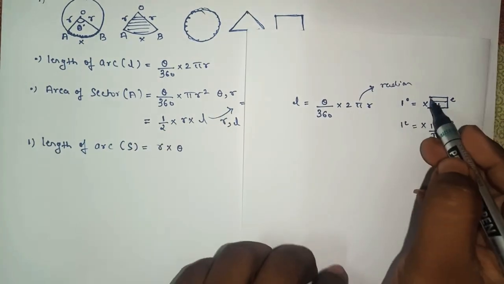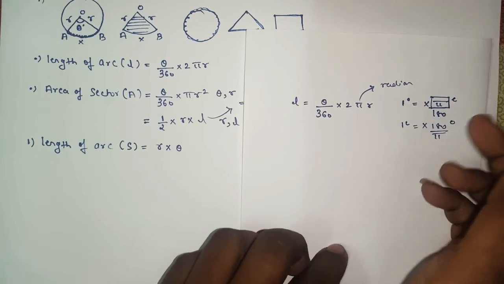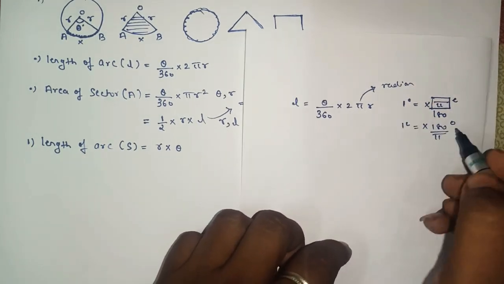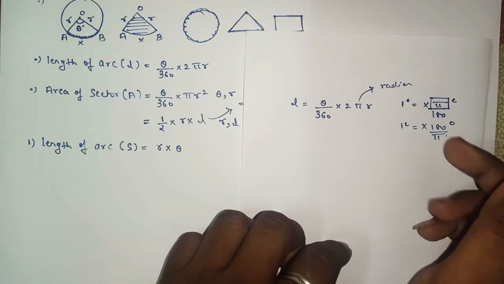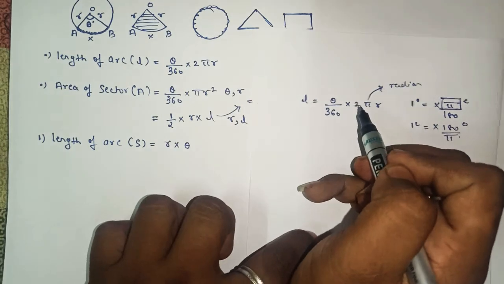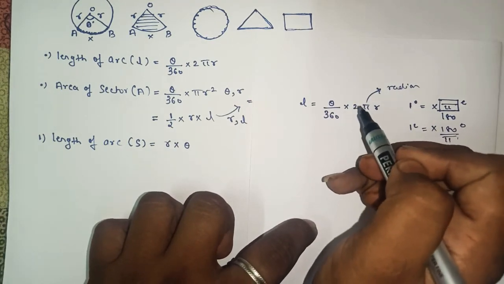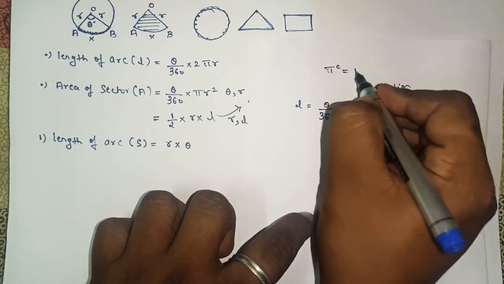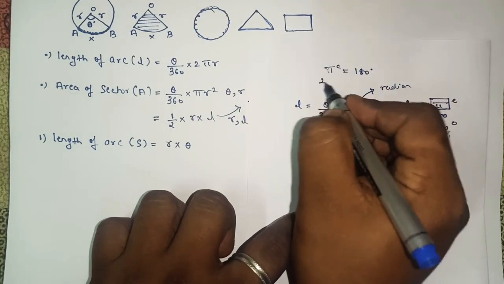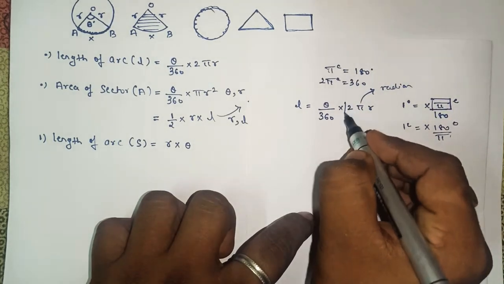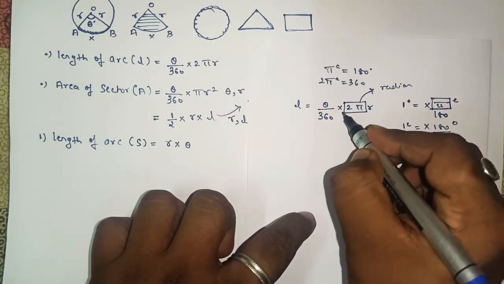So in simple language, whenever pi is there in the numerator, we consider the number to be in radian, and if pi is there in the denominator, we consider it as in degree. As the pi is in the numerator, we'll consider this as in radian. And we know that the value of pi radian is 180, so 2 pi will be equal to 360. So here can I consider this 2 pi as 360?